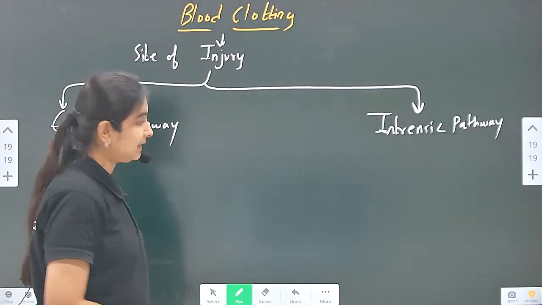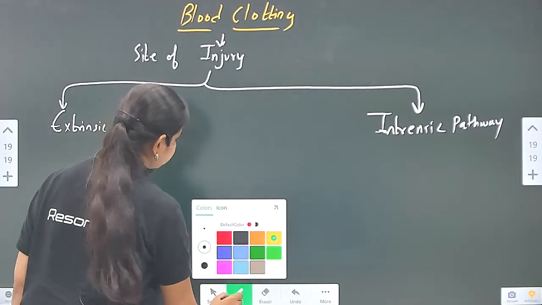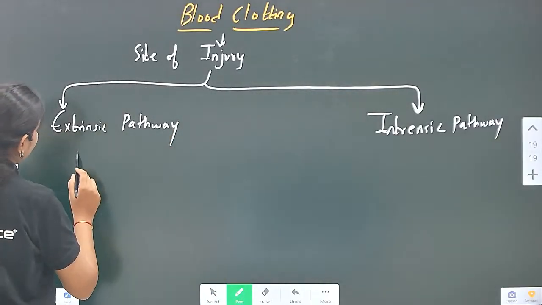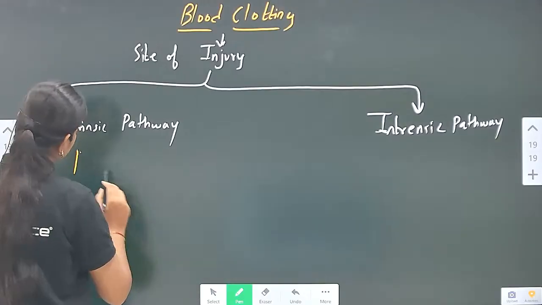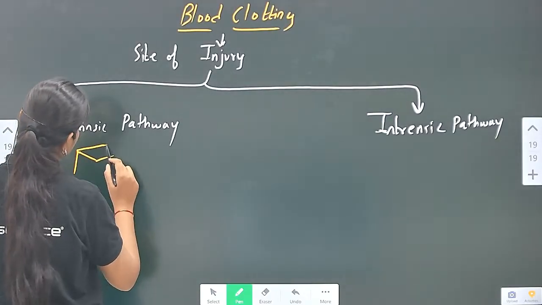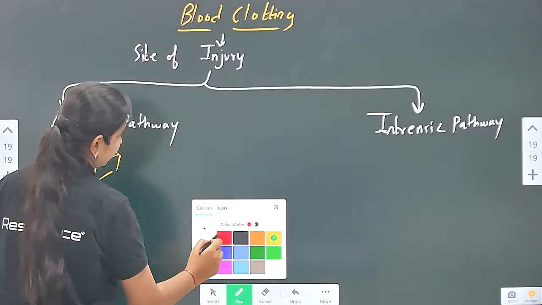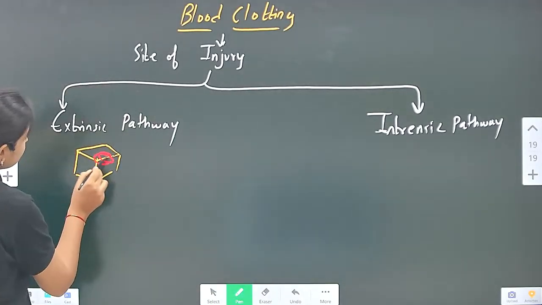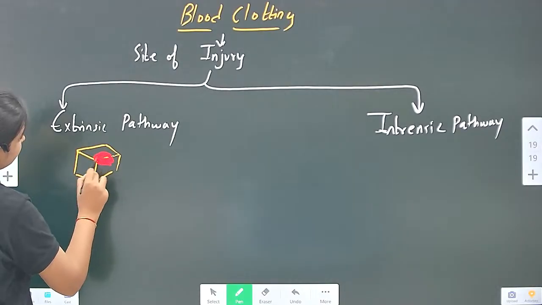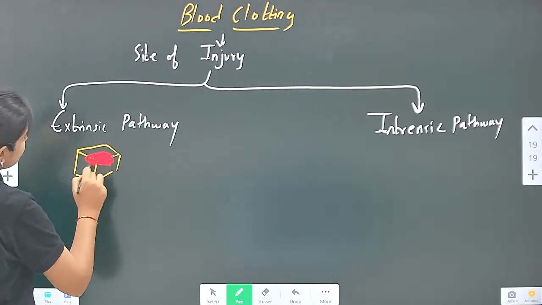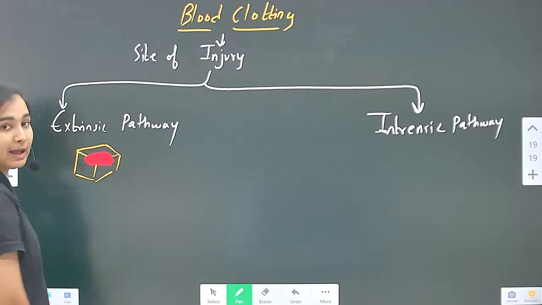Now, what exactly happens? For example, this is the site of injury. Now, the tissue which is present here is completely damaged. Fine.